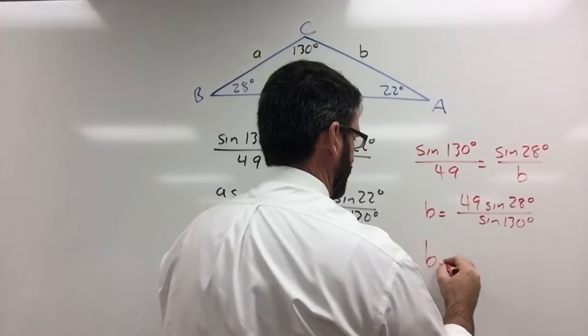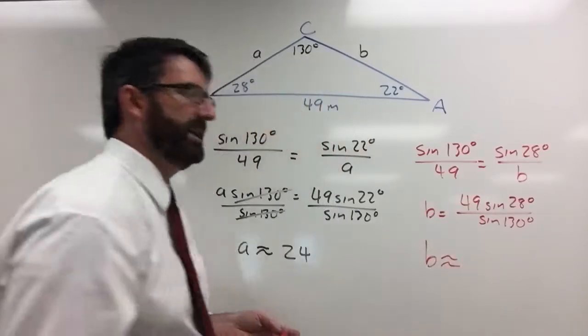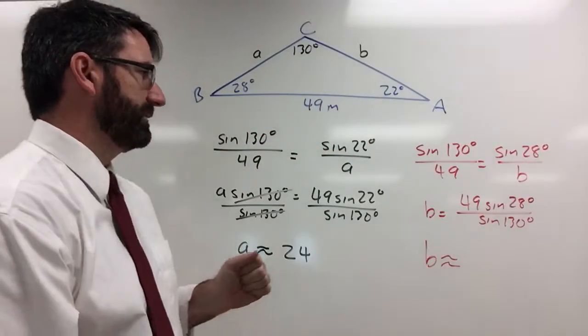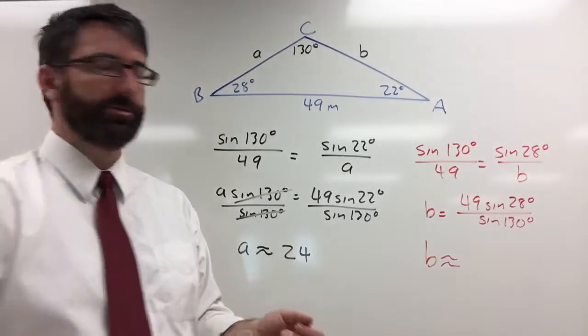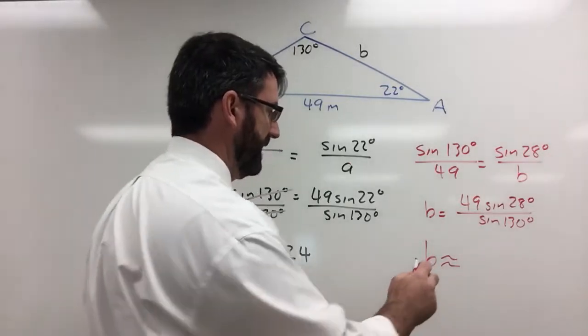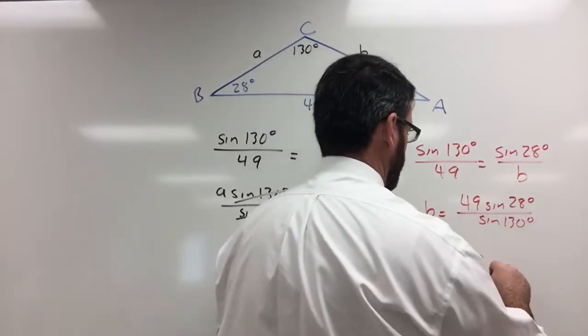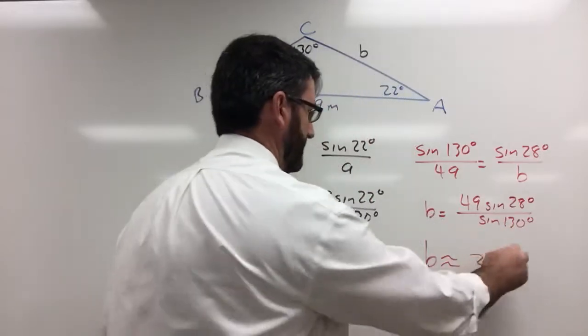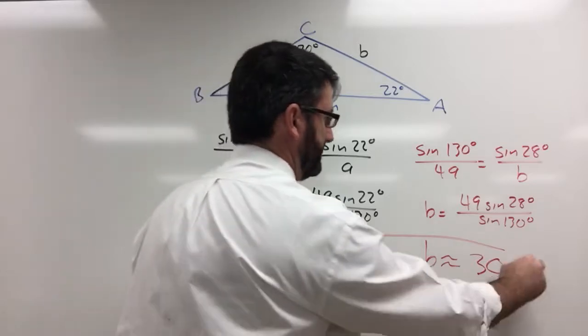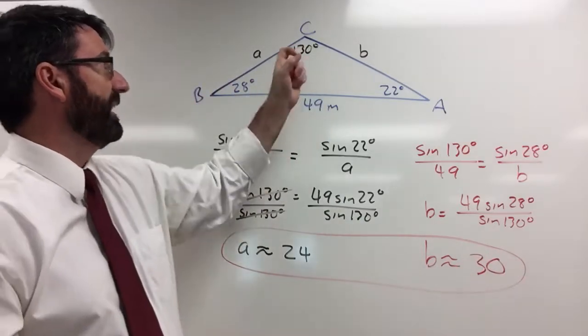And if we plug that into our calculator, we're going to get that B is equal to 30.029 something. And so B, rounded to the nearest tenth, is going to be an even 30. So there are our three answers.